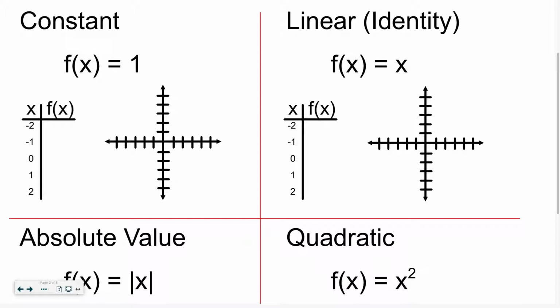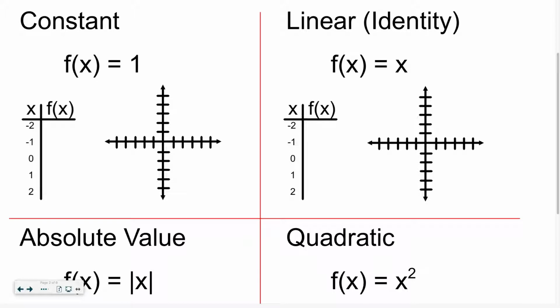So write down the word constant. That's the type of function this is called. Its equation for the parent graph is f of x equals 1. And then you'll make a table of values. You have x. Remember, we're going from -2 to 2. And then I put f of x, which is really just y, right?